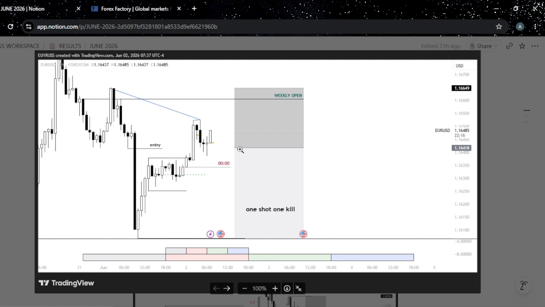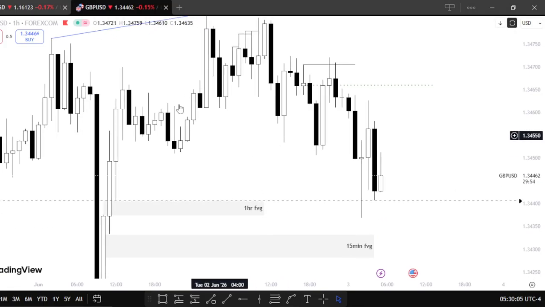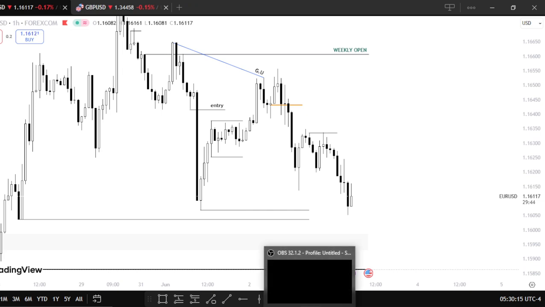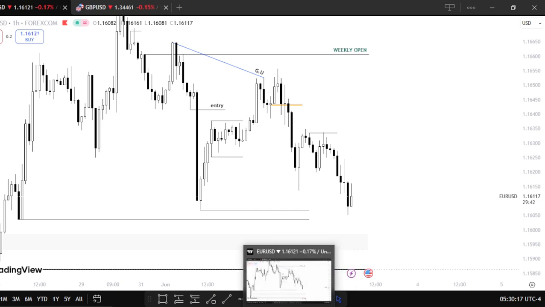Yeah, that's it. There's the entry, and the target is below this low, because this low is basically this low. Okay, we reach this low. In one shot, one kill, you can just take a trade and leave.